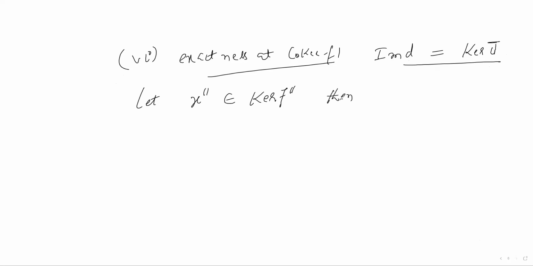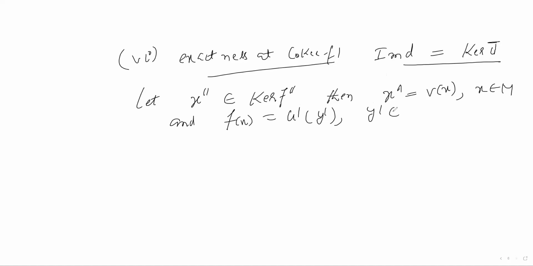Then, actually I'm writing the definition of D again and again, x double dash equals v of x, x is in M, and f of x equals u dash y dash, y dash is in N, and d of x double dash is y dash plus image of f dash.